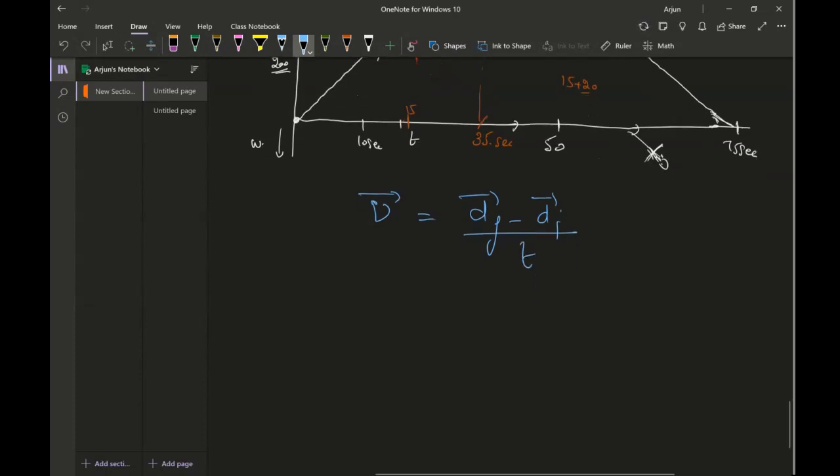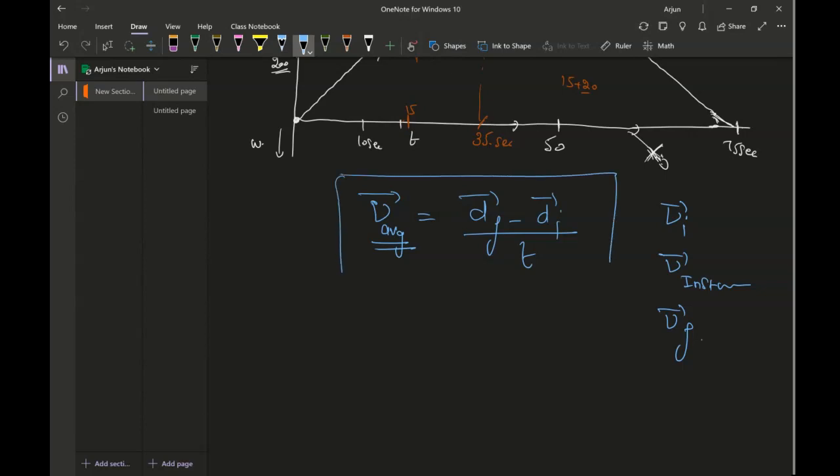This formula gives us the net average velocity. It's really important to understand because later on we will have some other types of velocity: initial velocity, instantaneous velocity, and then we will have final velocity too. So the velocity from this formula is the average one.